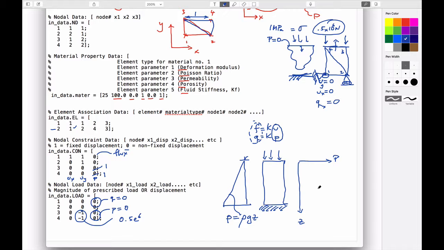So what we're doing is that we're going to load this. Immediately when we load it, what's going to happen? It's going to try and drain the fluid out of it. It can't. Think of a sponge, a very compressible sponge. You load it. If the sponge is in a membrane that the fluid can't escape, then it'll carry your load and the fluid pressure in the sponge will go up. If the sponge happens to be very low permeability, so the fluid can't get out, then it's going to do the same thing. The pressure will go up.